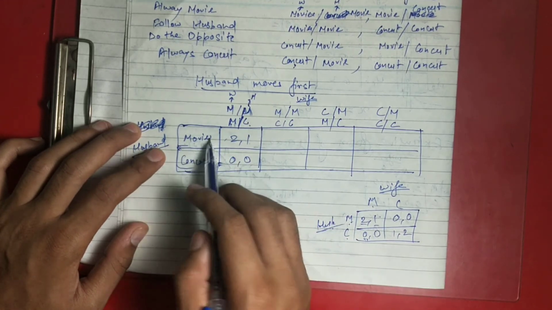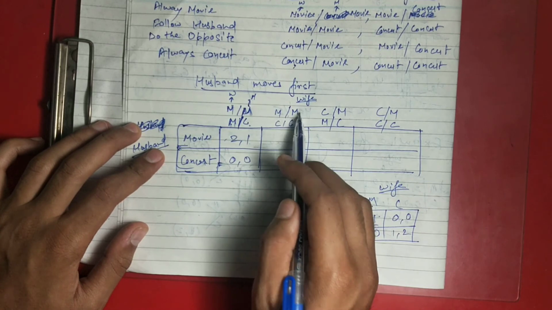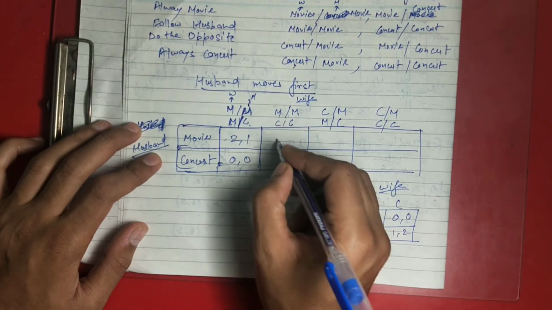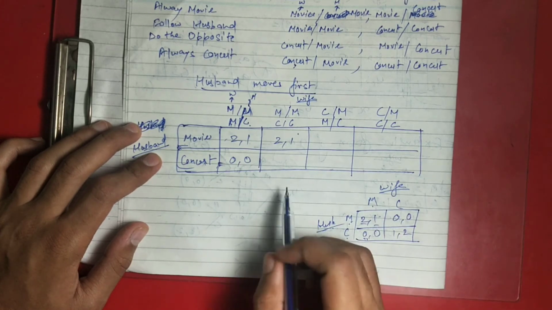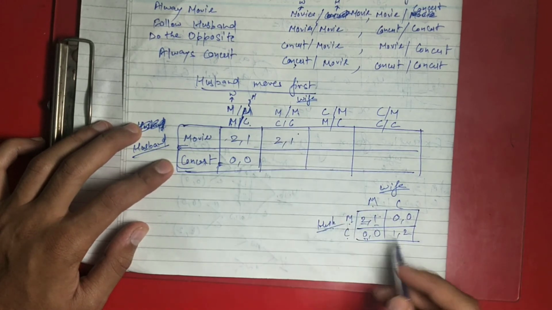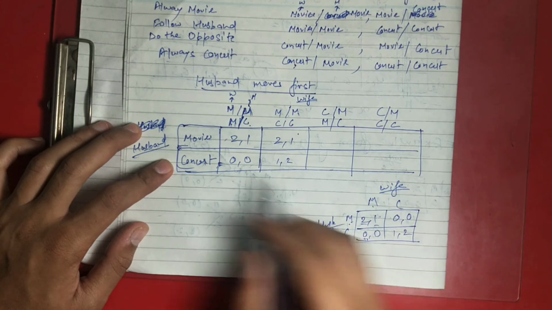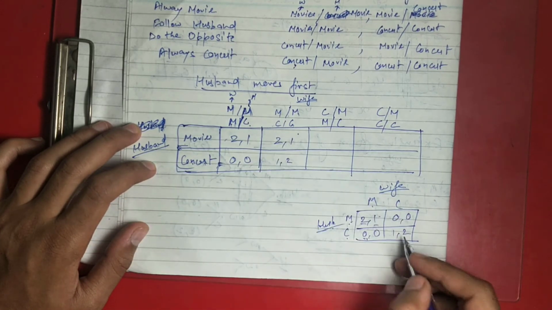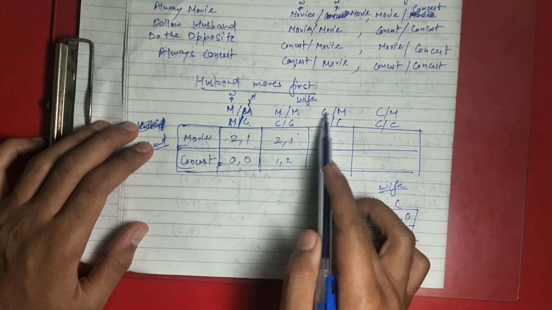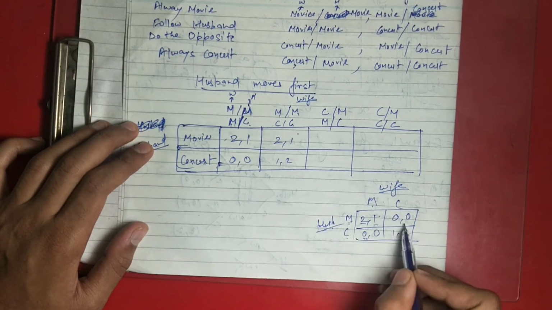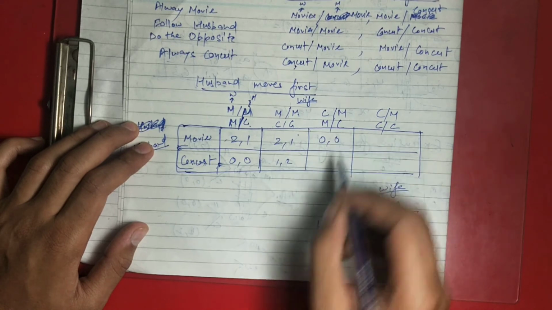Now here we will take movie first again, so it will be 2 comma 1. And here, concert, so it will be 1 comma 2. Both concert, right? Now husband is choosing movie and wife is choosing concert. Husband movie, wife concert, 0 0.